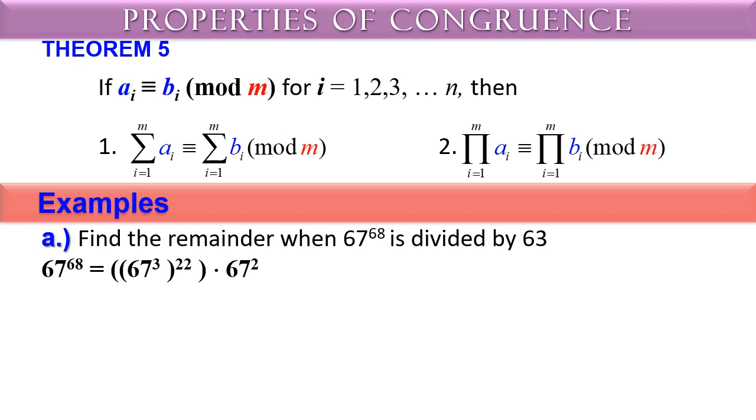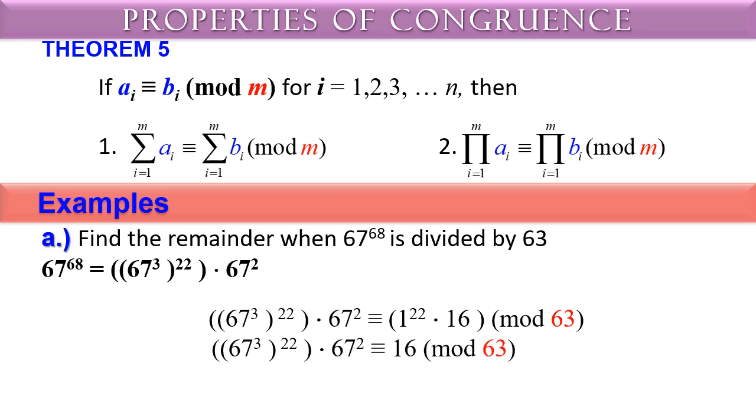Applying the properties of congruences, this is congruent to 1 raised to 22 times 16 modulo 63. Simplifying it further, this is congruent to 16 modulo 63. Hence, the remainder when 67 raised to 68 is divided by 63 is 16.